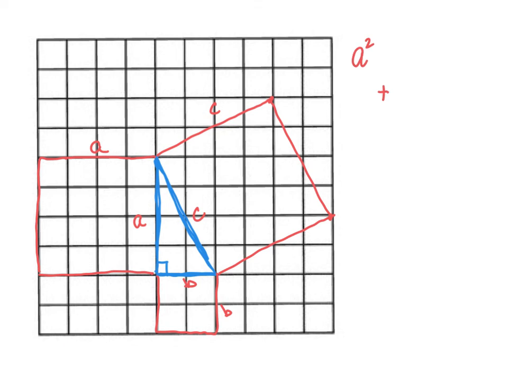We know that side length A is 1, 2, 3, 4. And we know that 4 to the second power is 16. Okay? Then we're going to take B, which is 2 squared. And 2 to the second power is 4.